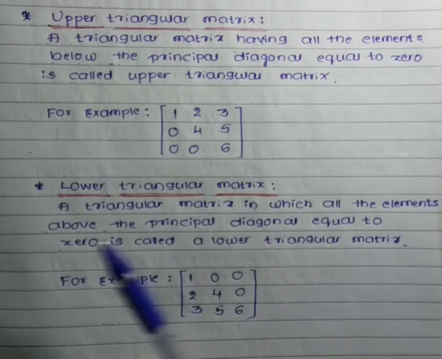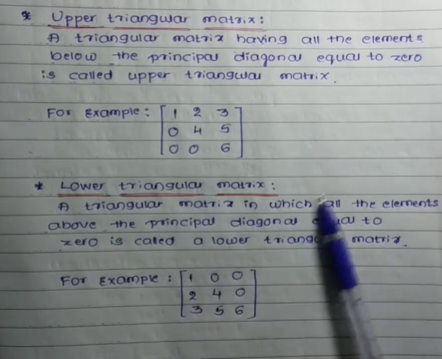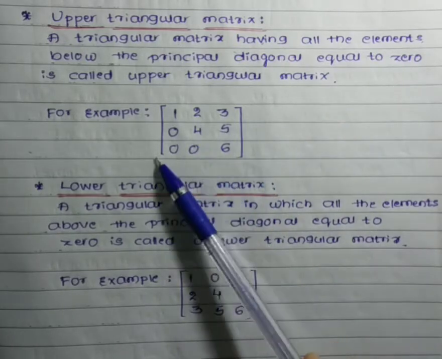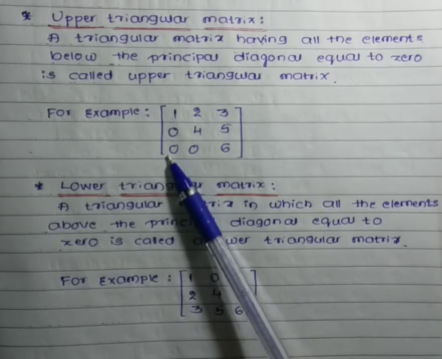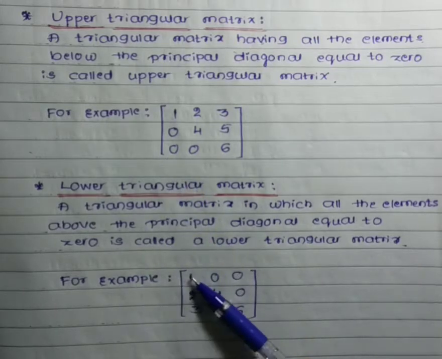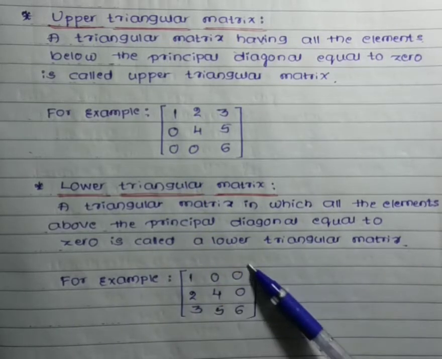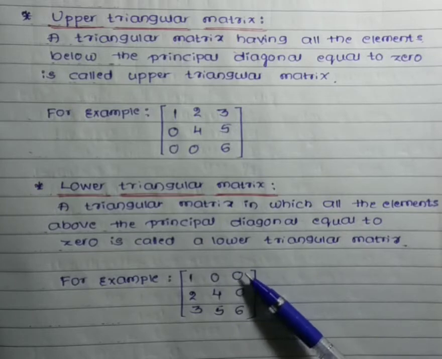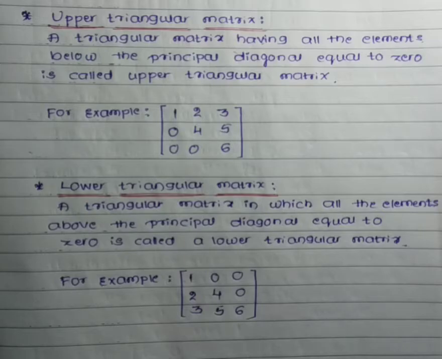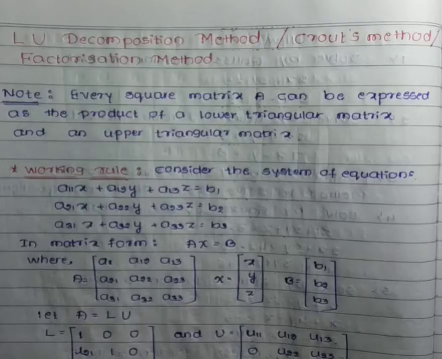So this is called as lower triangular matrix. In upper triangular matrix, below the diagonal complete elements will be 0, and in lower triangular matrix above the diagonal complete elements will be 0. So this is about triangular matrix, upper triangular matrix and then lower triangular matrix.